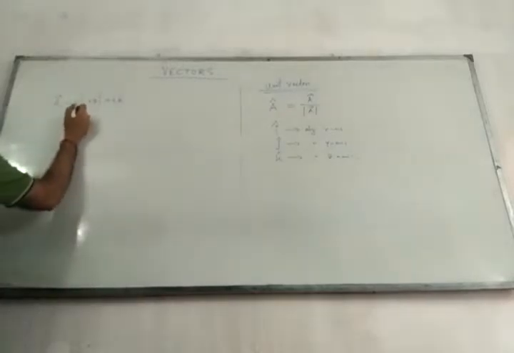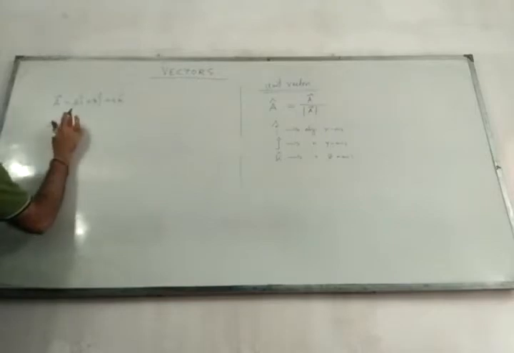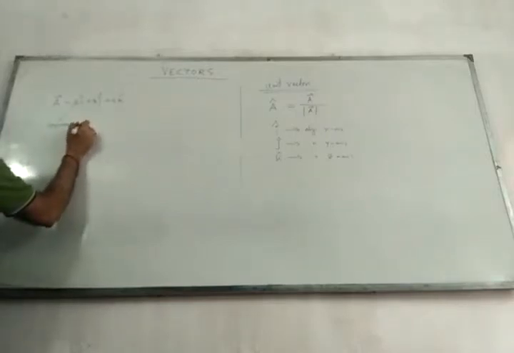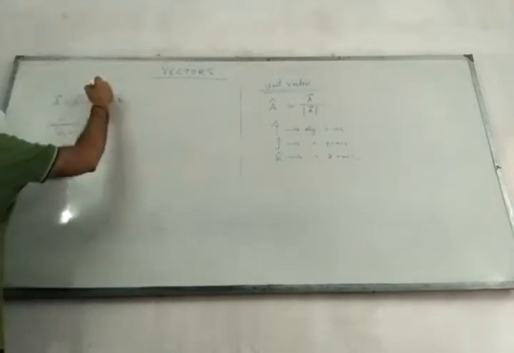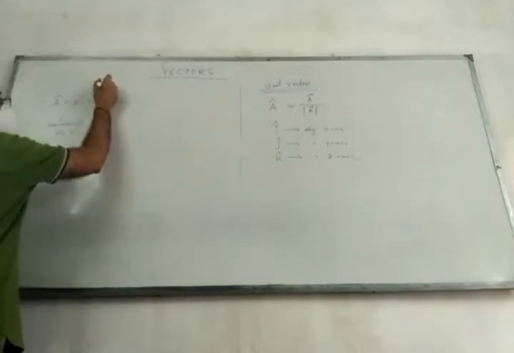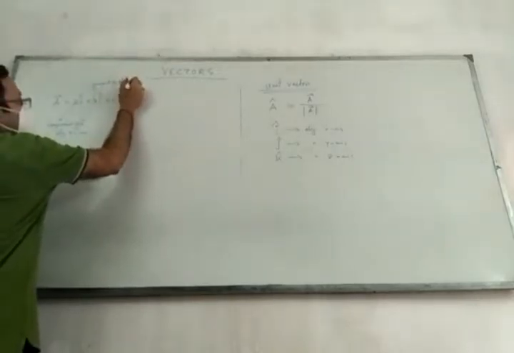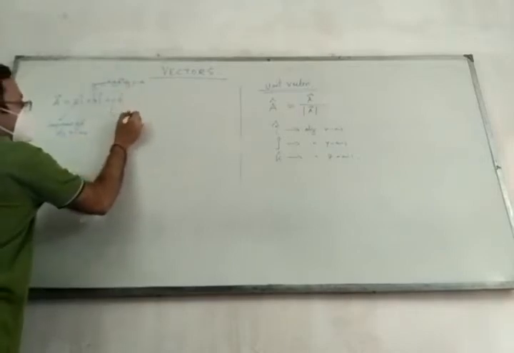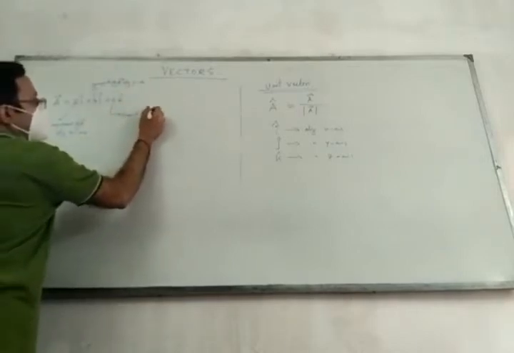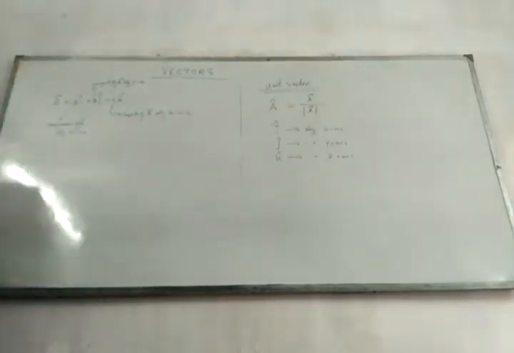Then this 2 is nothing but the component of A along the x-axis. This is the component of A along the y-axis, and this one is the component of A along the z-axis. Is that clear?